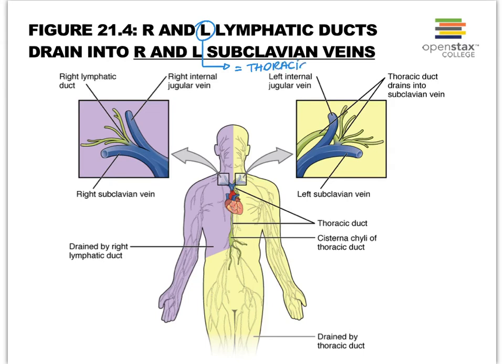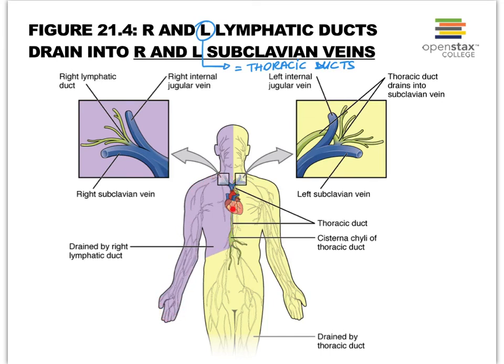Now, when we take a look at what these ducts drain, and when I say what, I mean which regions, then notice that your right lymphatic duct is going to only drain the right side of the head, the right upper limb, and the right thorax.